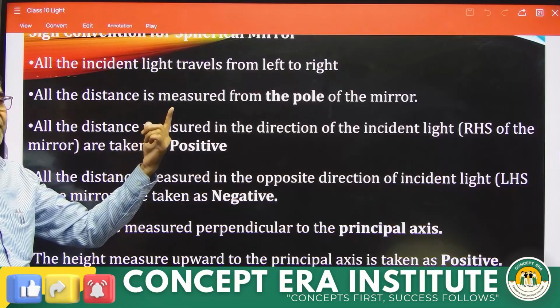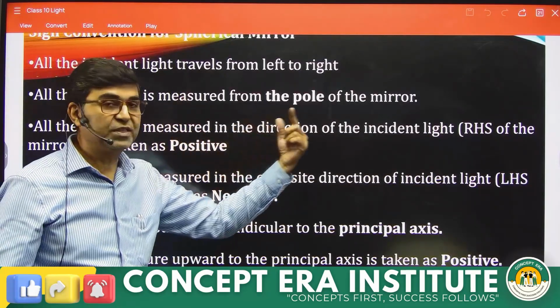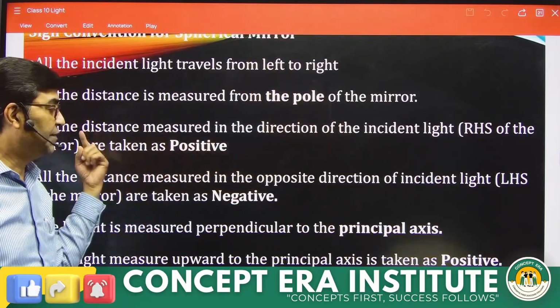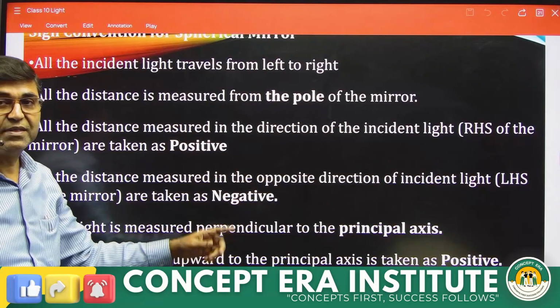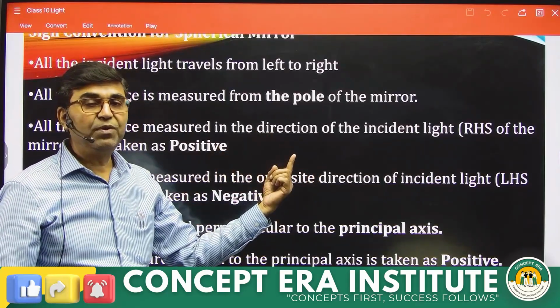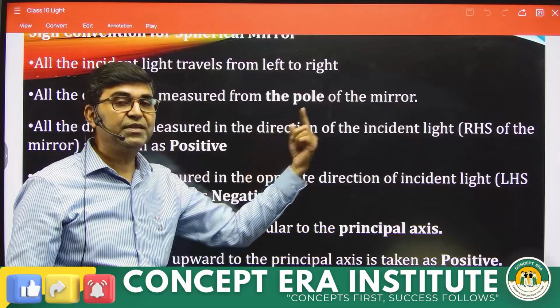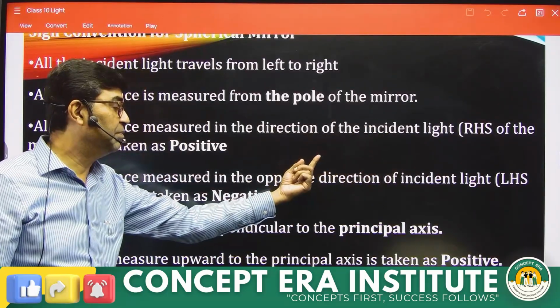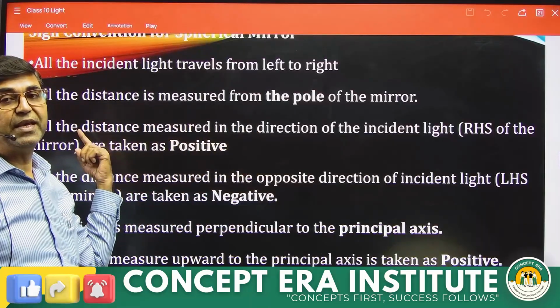In a graph, the distances towards the right and upwards are taken as positive, and towards the left and downwards are taken as negative. Similarly, in this case also, all the distances are measured from the pole. So distances measured on the right side will be positive, and distances measured on the left side will be negative.